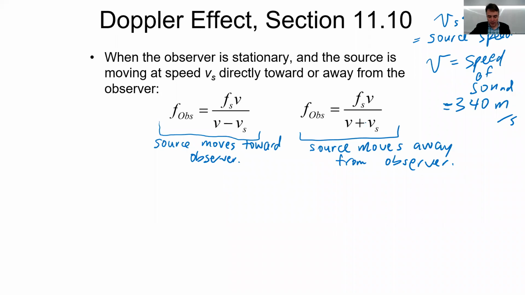If the source is moving away, the denominator is a little higher than V, with V up in the numerator, so the observed frequency is a little less than Fs. You have to look at this fraction and see what's going on. The fraction is a little greater than 1 for moving towards, and a little less than 1 for moving away.